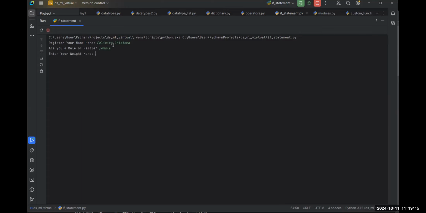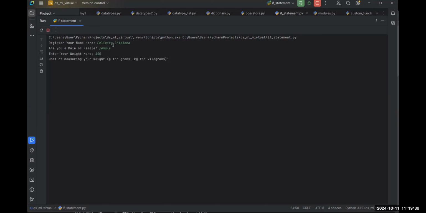What else do we want now? We can just increase the weight and then increase the height, so that it goes straight and gives us an obese person. So maybe someone who is around 150 or 140 kilogram.